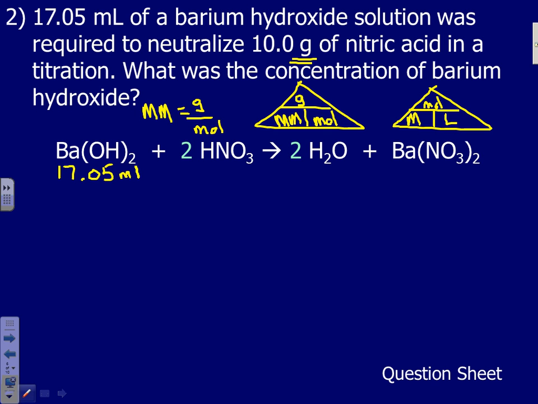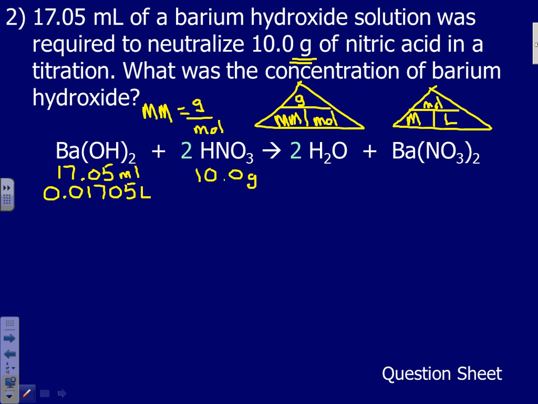17.05 milliliters, which I would turn right away, three steps, to 0.01705 liters. In this case, we have 10 grams. And it asks, what is the concentration of the barium hydroxide?